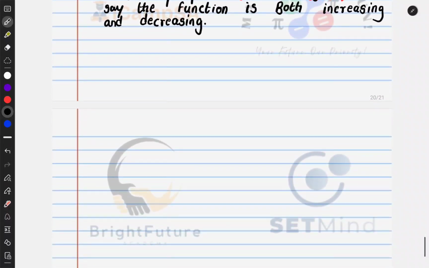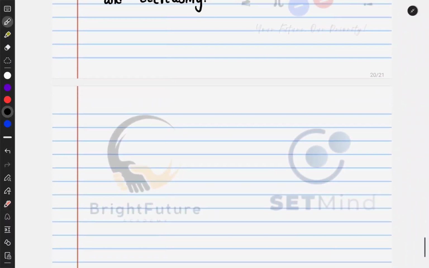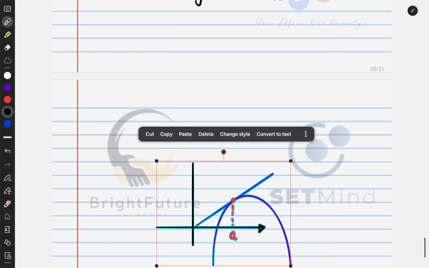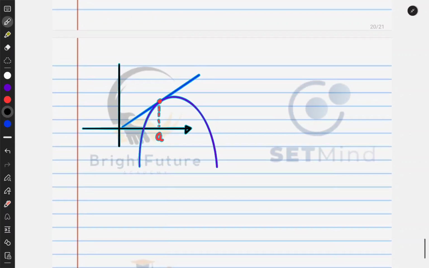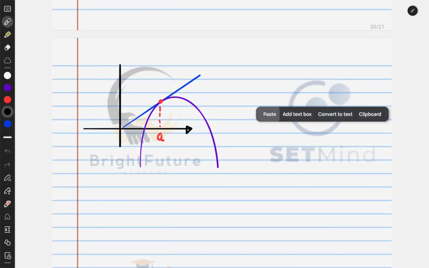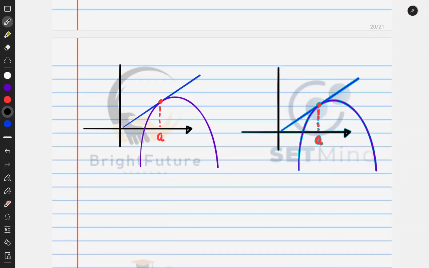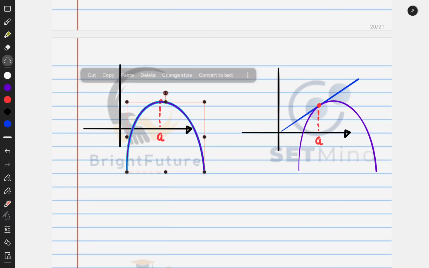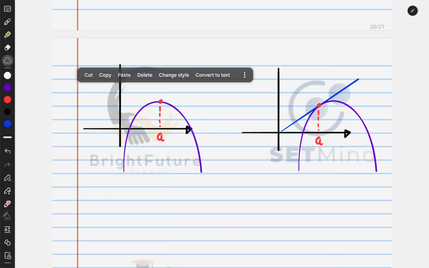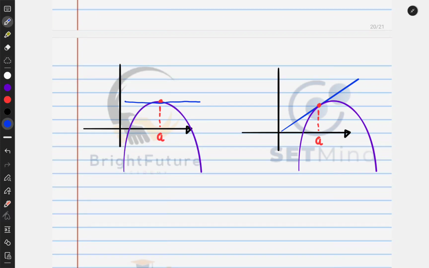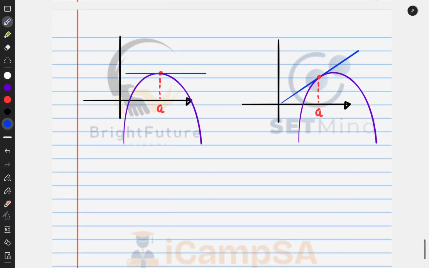Okay, so let's quickly sketch this function I'm referring to. Let's say we have a parabola like that one, and then we'll have to turn that one around. So what is happening here, the function has a stationary point there. Okay, and then let's do another one here.